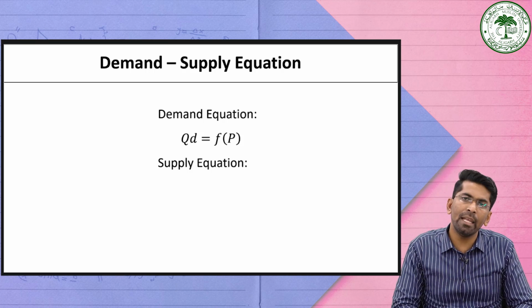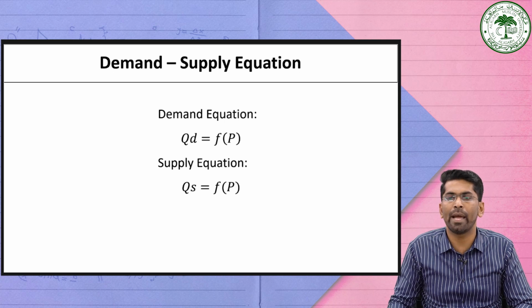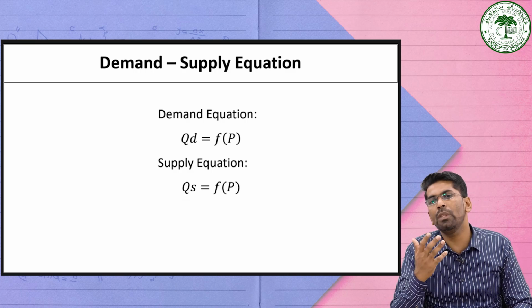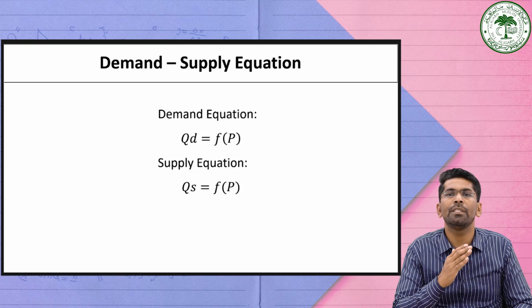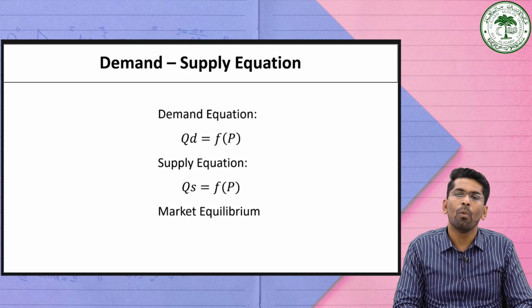It can be generally expressed as QS is equal to a function of price, or function of P, where quantity supplied is a function of price. It describes how the quantity supplied changes in response to changes in the price of the commodity.